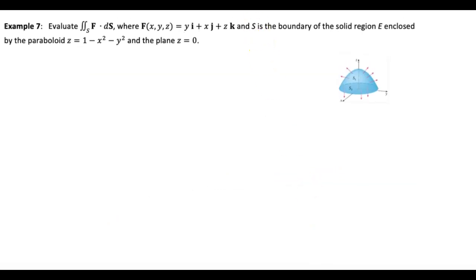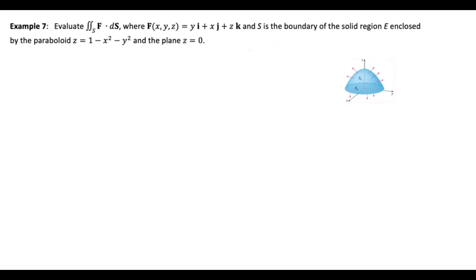And so example 7, we want to evaluate this double integral where f, our vector field, is yi plus xj plus zk, and S is the boundary of the solid region E enclosed by this paraboloid and the plane. This is our figure right here.